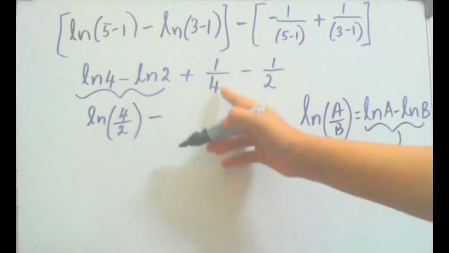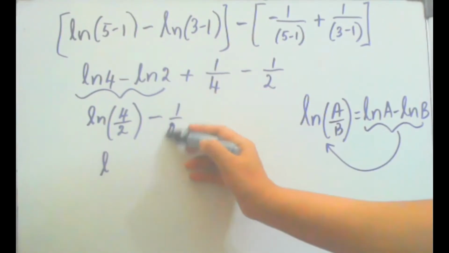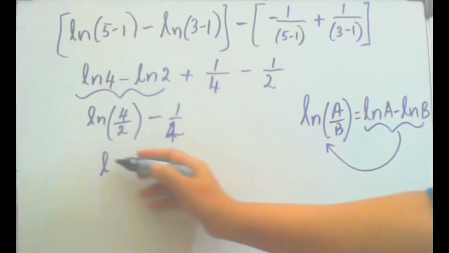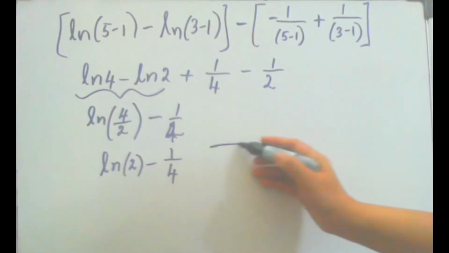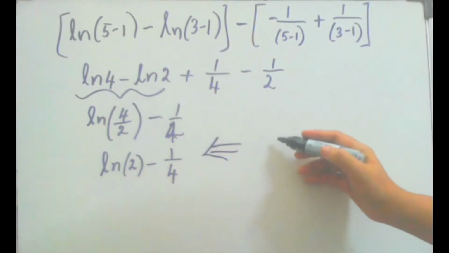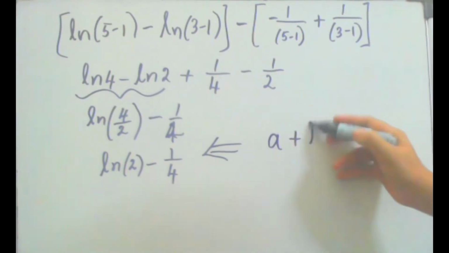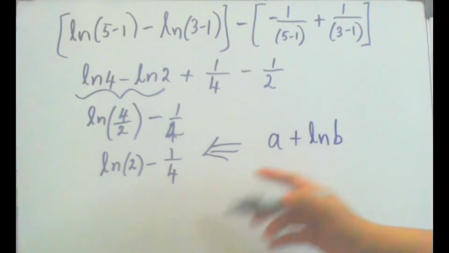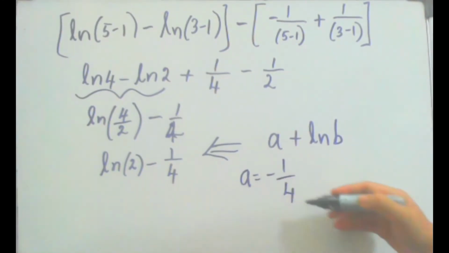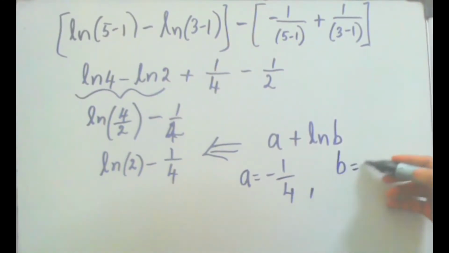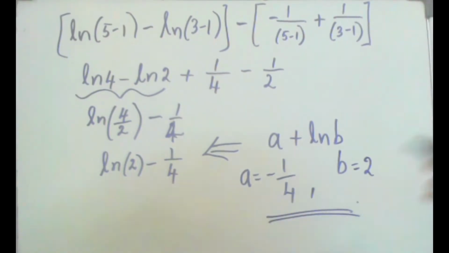So plus 1 over 4 minus 1 over 2 gives minus 1 over 4. So ln 2 minus 1 over 4. So we brought it into the form a plus ln b. So we can identify a and b now. So a is minus 1 over 4 and b is 2. And that is the answer for this question.